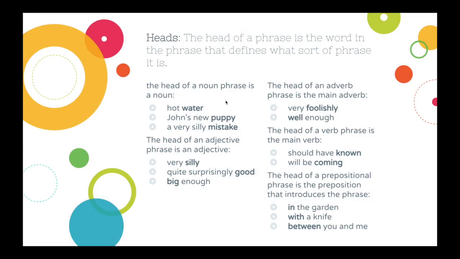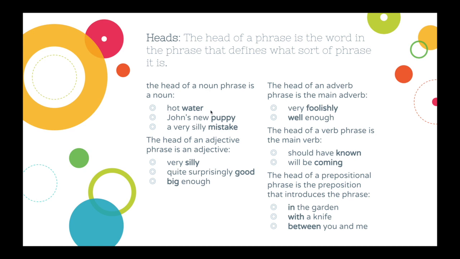Okay, now in a phrase we have something called heads, kepala, literally kepala. The head of a phrase is the word in a phrase that defines what kind of phrase it is. So if you see earlier in the slides, we talk about noun phrase, adjective phrase, adverb phrase, verb phrase, and prepositional phrase. The head is definitely the noun, for example, noun phrase head is a noun.